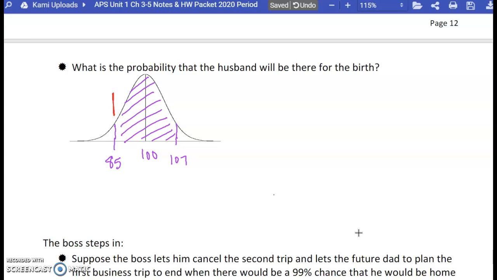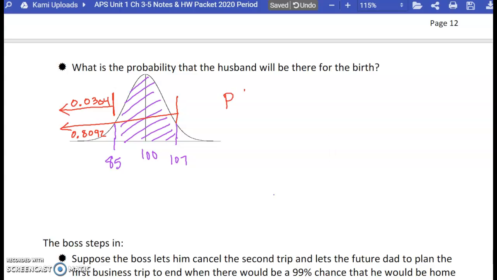We already have these numbers to help us. If we look to the left of 85, it was 0.0304. I'm using the calculator numbers. And then to the left of 107 was 0.8092. I want to know the difference between those two things.